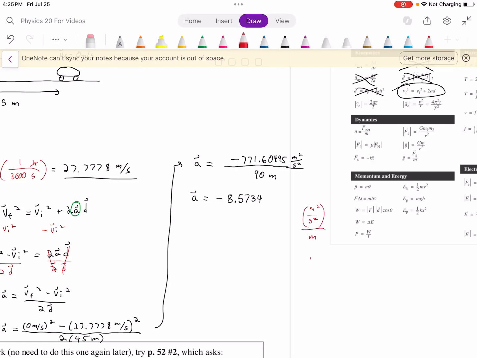Well, we know that's the same thing as meters squared per second squared times 1 over meters, right? And sure enough, meters squared divided by meters just leaves us with meters in the numerator. So we're left with meters per second squared, which is the unit of acceleration. So yet another way we can check our work as we go, doing unit analysis to make sure we're getting what we should be.